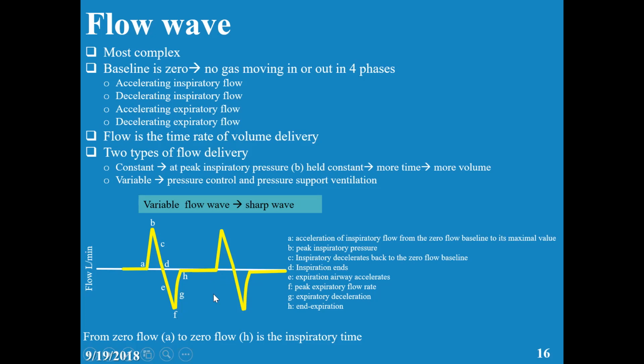Any question about this? It's very important to understand. It should be 0, and it's a little bit more complex: acceleration of inspiratory flow, deceleration of inspiratory flow, acceleration of expiratory flow, deceleration of expiratory flow, and end of expiration. Clear?